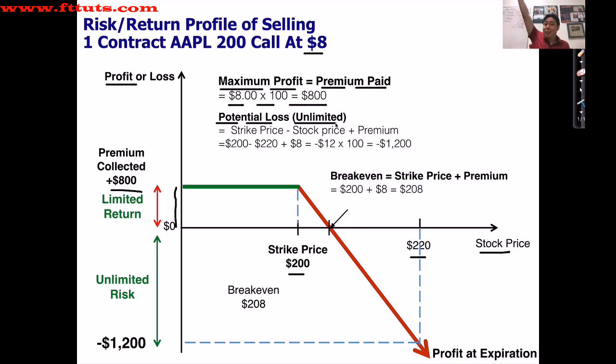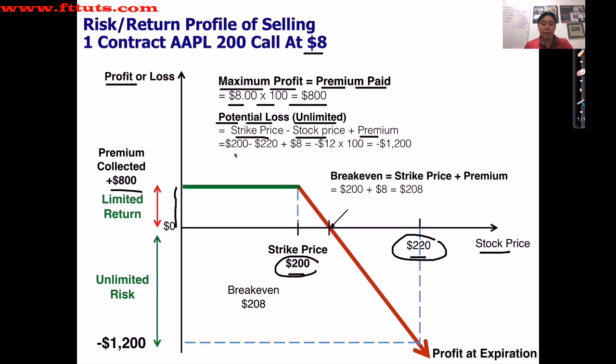unlimited, because if the price keeps going up, you have to buy at a very high price to deliver it to the call buyer. So the potential loss equals the strike price minus the stock price plus the premium that you collect, right? So for example, if the share price goes to 220 in this case, and the strike price is 200, what's the difference?